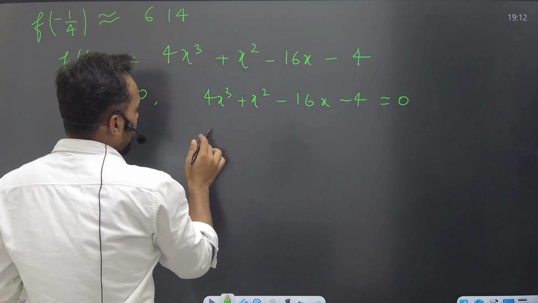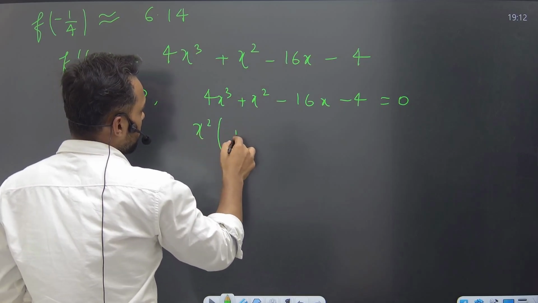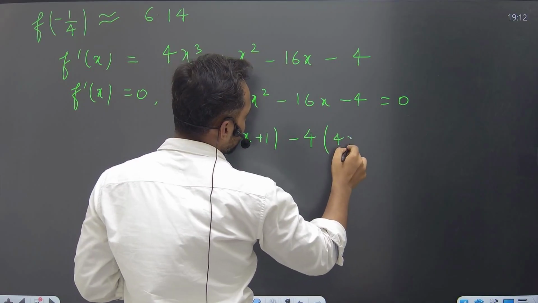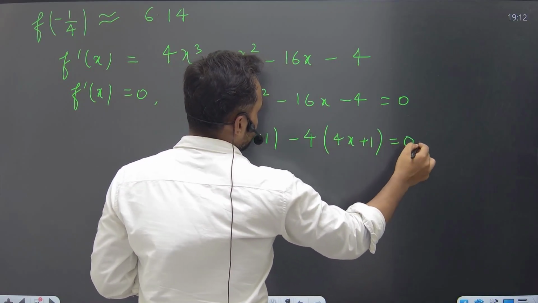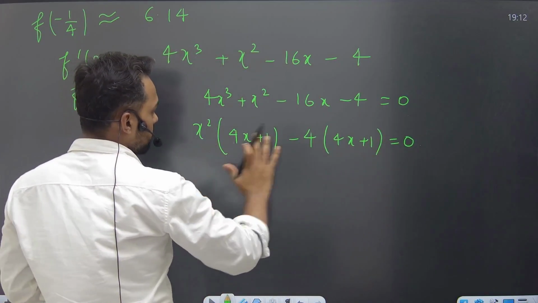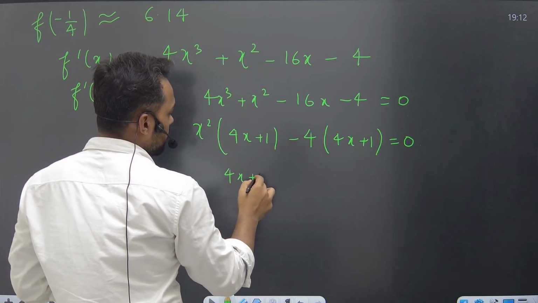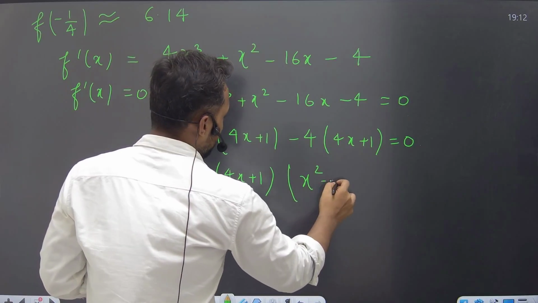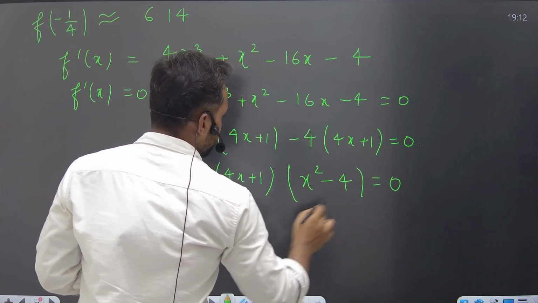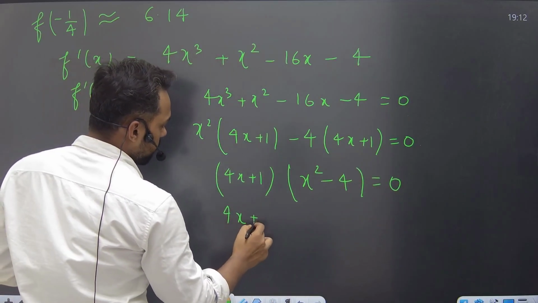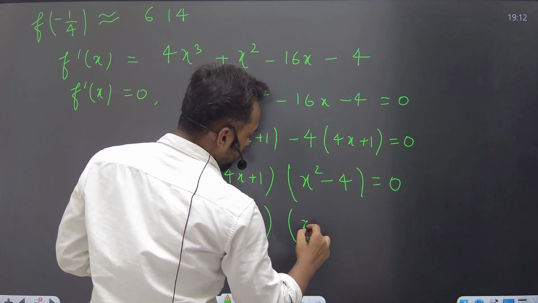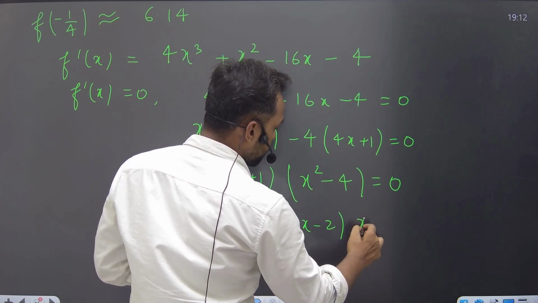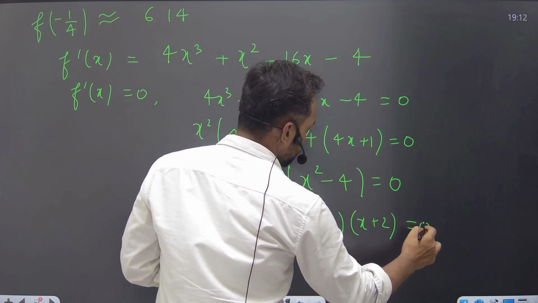Here if we take x square as common, in the bracket you will get 4x plus 1. Similarly here, if you take 4 as common, you will get 4x plus 1 as common. So in the whole left hand side expression, 4x plus 1 is common, so taking 4x plus 1 as common, here you will get x square negative 4 equals 0. Now again 4x plus 1 into x square negative 4, applying the identity here, you will get x negative 2, x positive 2 equals 0.